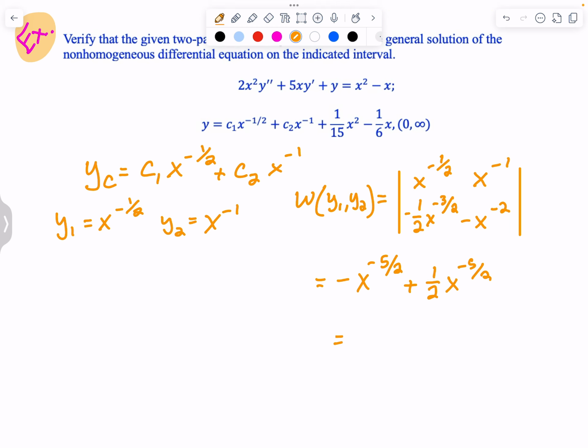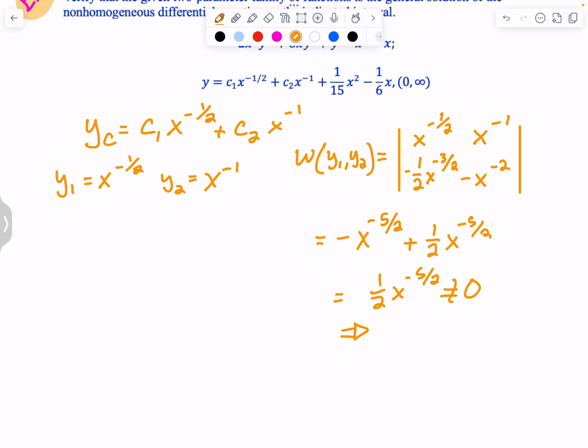So together, it is 1/2 x to the negative 5/2, which is not 0, which implies that they are linearly independent, which implies that they are a fundamental set of solutions.